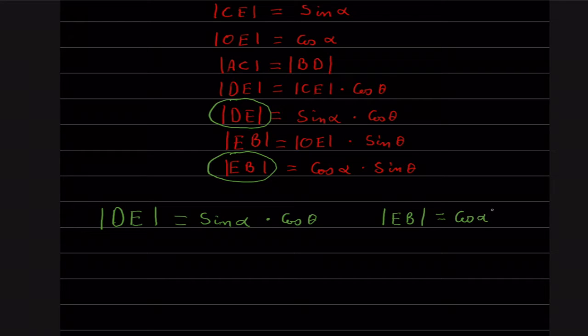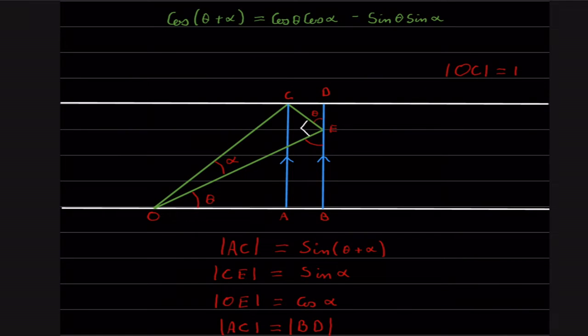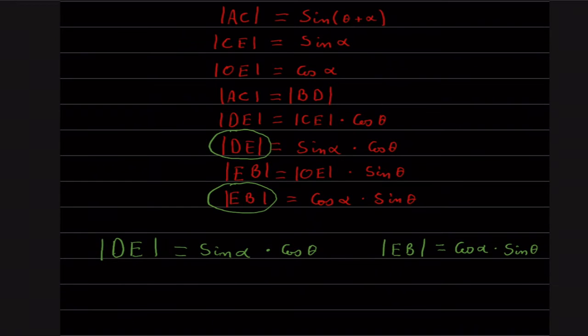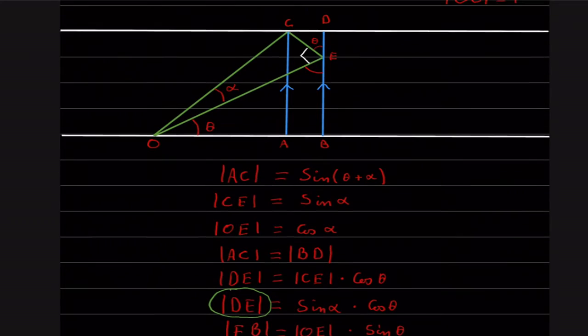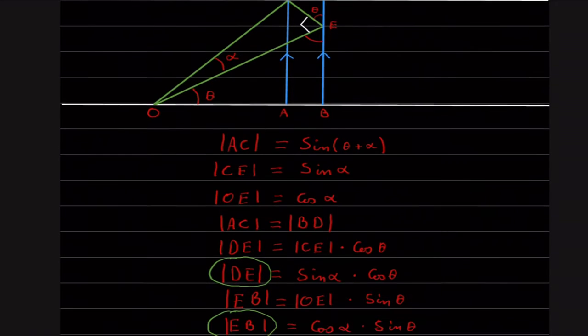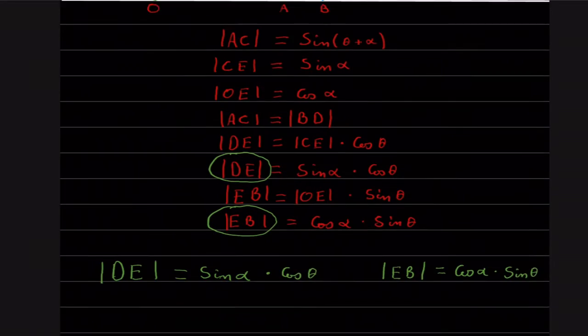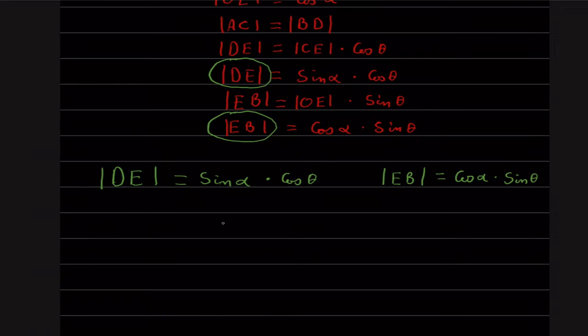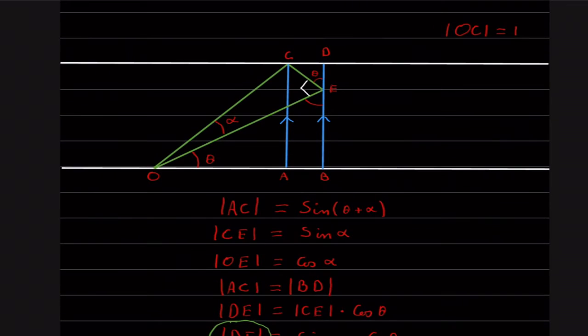Sorry, I keep making this mistake. And we know DE plus EB should be equal to DB, and DB is equal to CA.